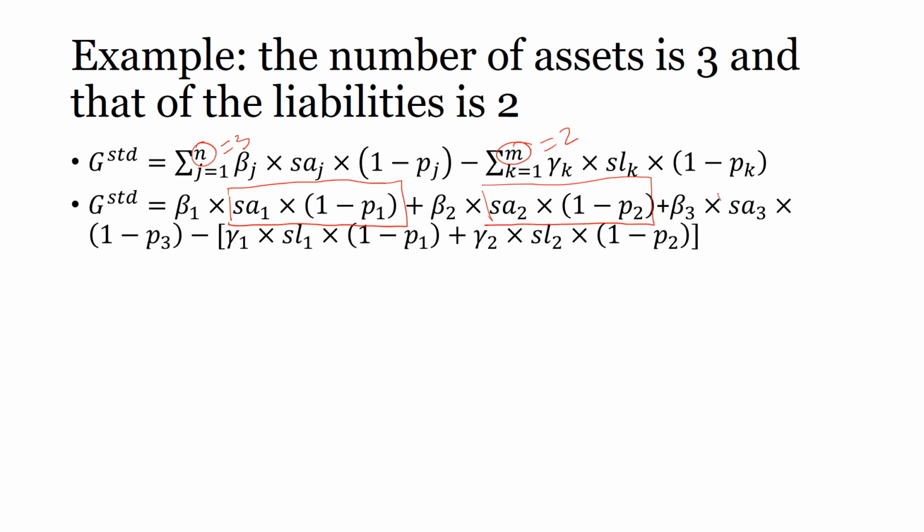So basically it's the same as the maturity adjusted gap. All you have to do is multiply by the respective beta. So for the first asset you have beta 1, the second asset you have beta 2, the third asset you have beta 3. For the liabilities, this multiplication here comes from the maturity adjusted gap. All you have to do is multiply by the respective sensitivities to the interest rate, gamma 1 and gamma 2.